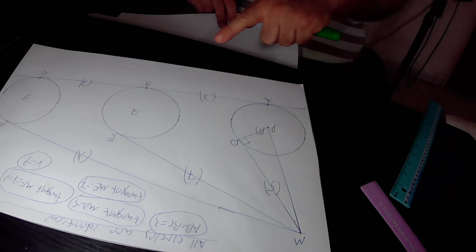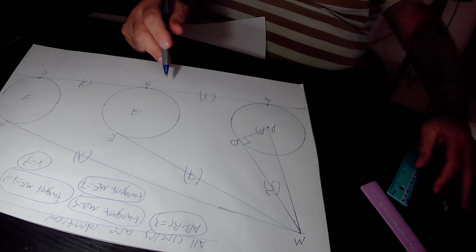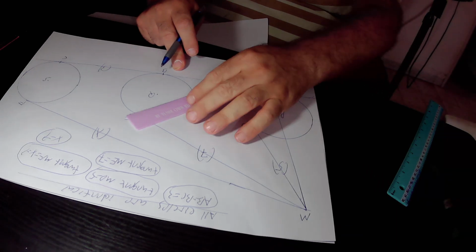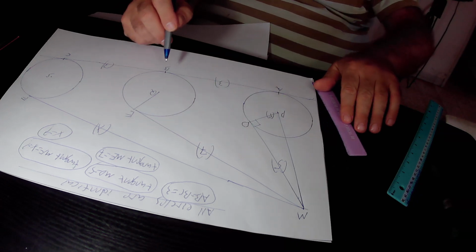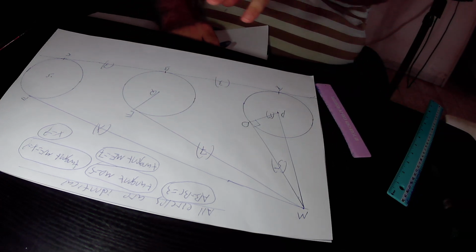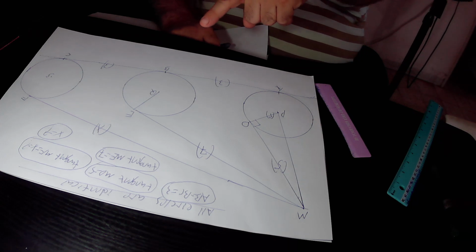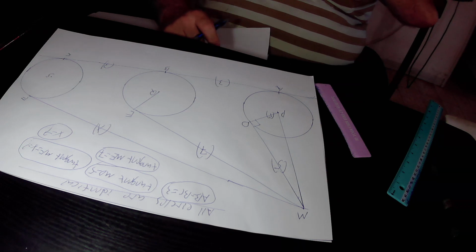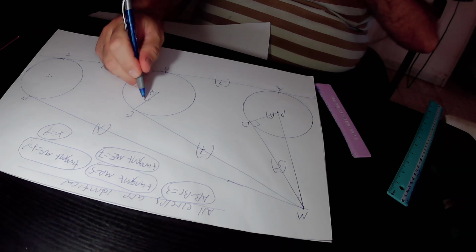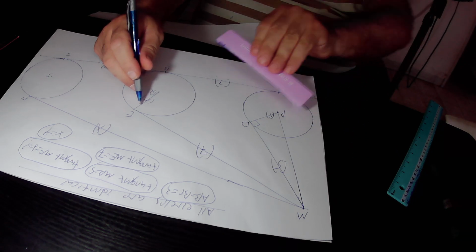We repeat the same process on this middle circle, that is to say we join points Q and E together by a straight line. QE is the radius of this circle. Because all three circles are identical, the radius of each of those three circles is equal to R. So QE equals R, and according to rule 1, this angle is a right angle.